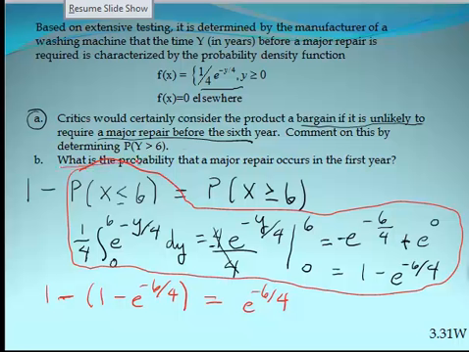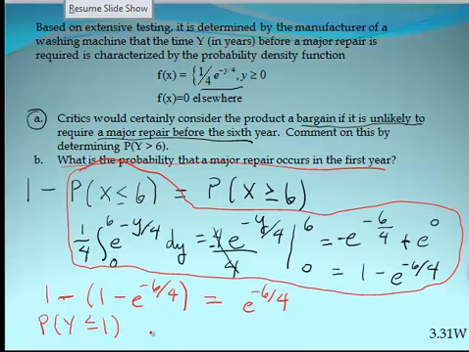So now what is the probability that a major repair occurs sometime during the first year? For this case, we're going to have the probability that y is less than or equal to 1.